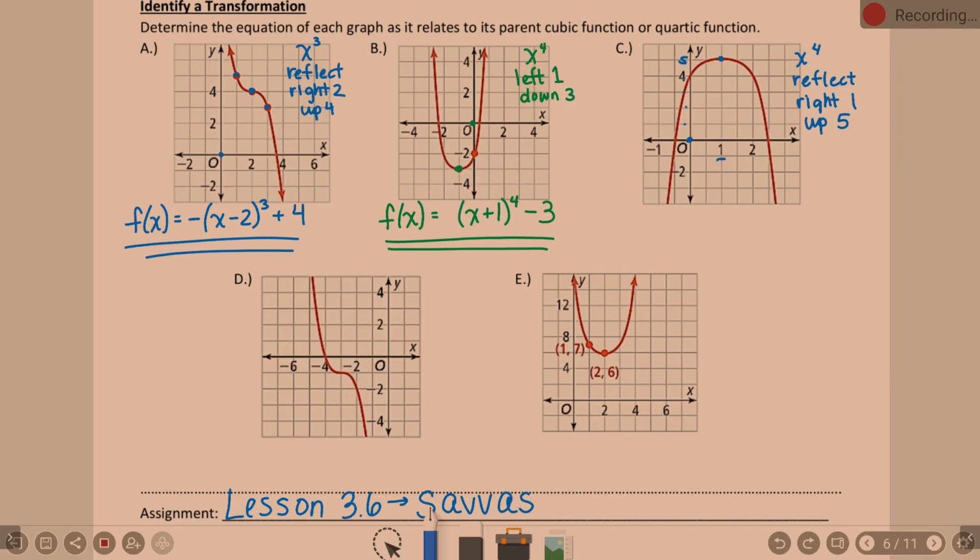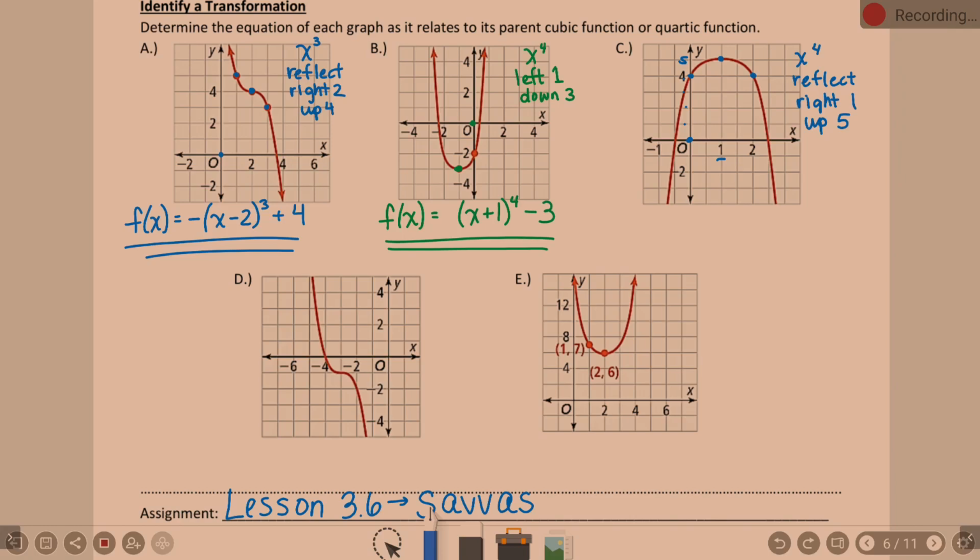Okay, they're trying to play with our minds here. Let's decide if there's any vertical stretch or compression. I see a set of points. Do you guys see that same set of points with me? How far over and down are they? 2 boxes is over what? 1.